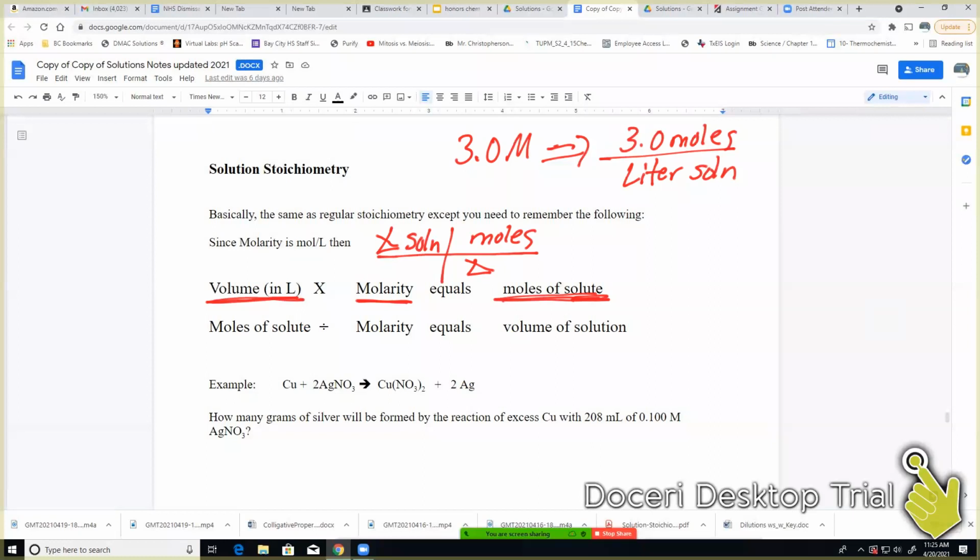because then I can use my mole to mole ratio. Then if we want to work backwards, if I already know my moles of solute, I would divide by the molarity, and that would equal my volume of solution.